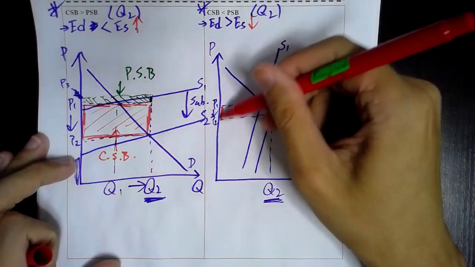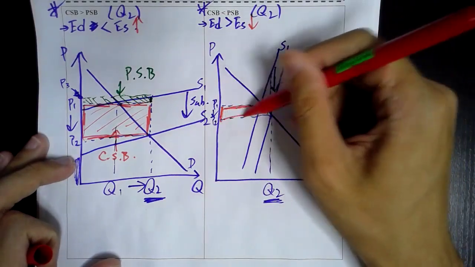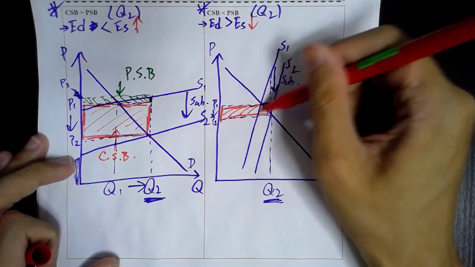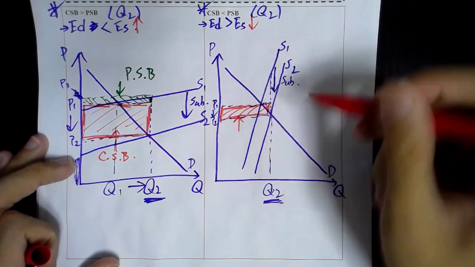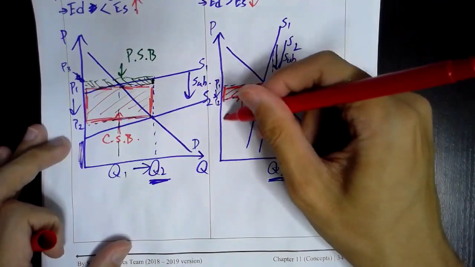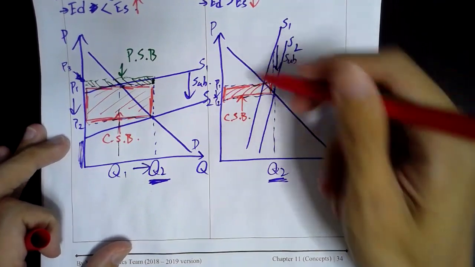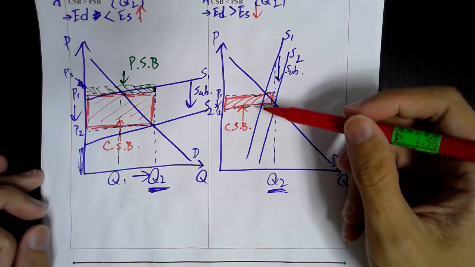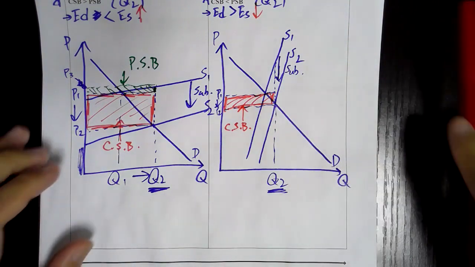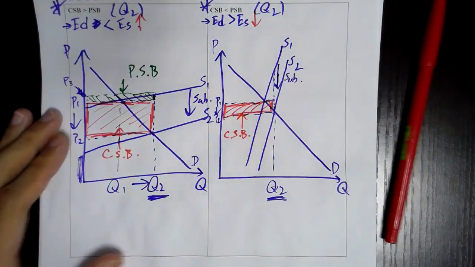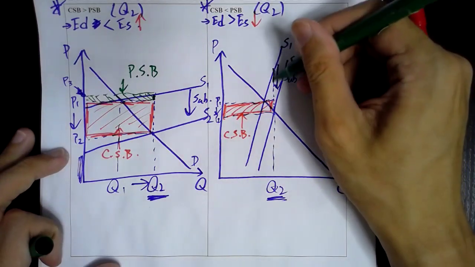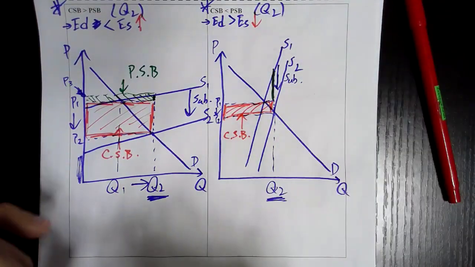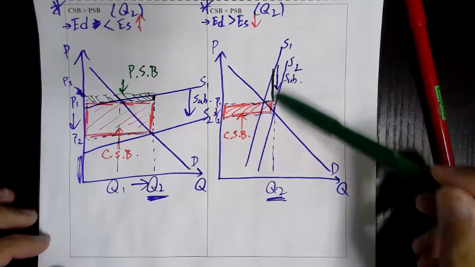Now let's see. This is a drop in price, and just like we mentioned just now, it is the consumer subsidy benefit. Because when the price drops, who would benefit? Of course, the consumer. But we still have the rest of the subsidy.